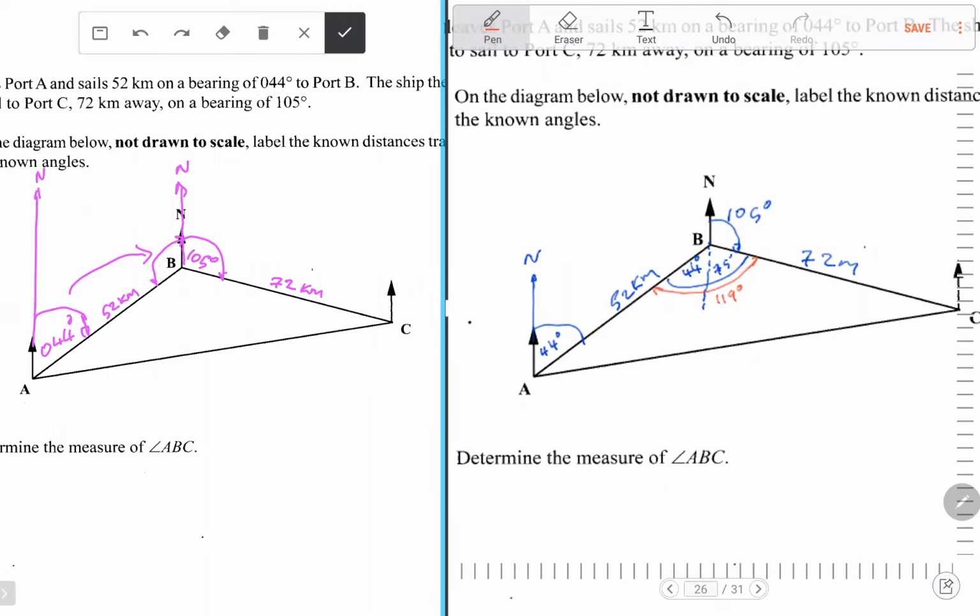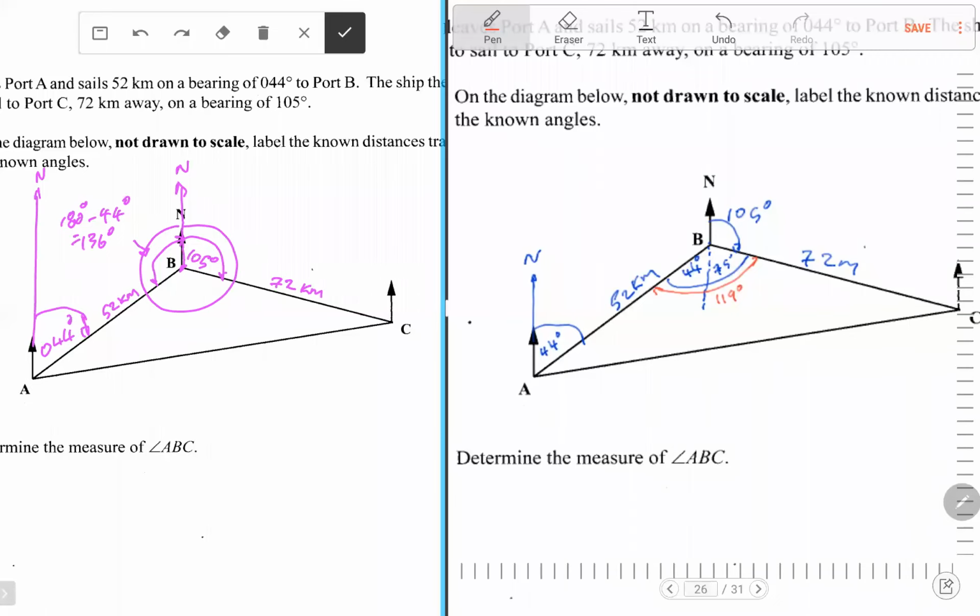So therefore, this angle up here would be 180 degrees minus 44 degrees, which is 136 degrees.